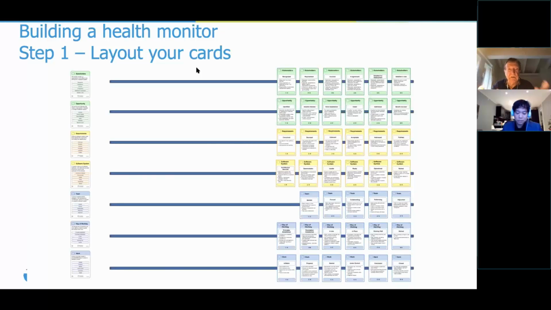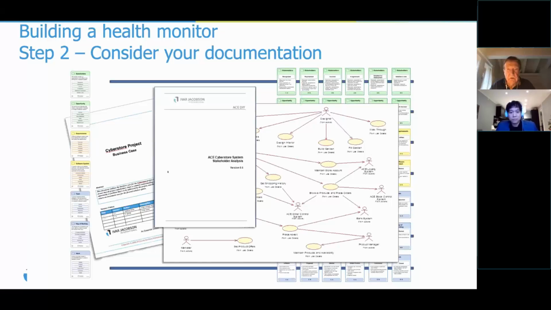So what you do, you take the first line here, which is stakeholder, and you look at each card. First you look at the material you have.